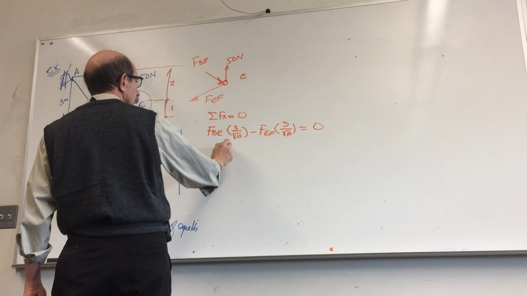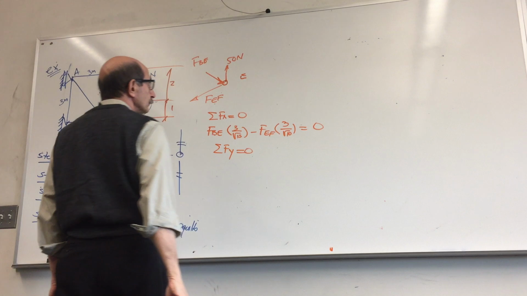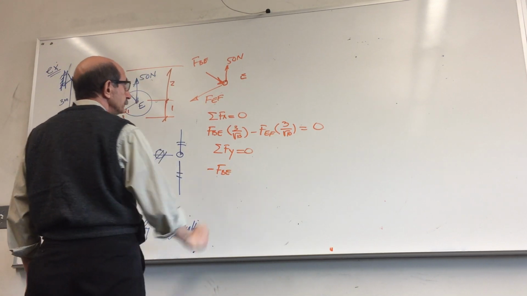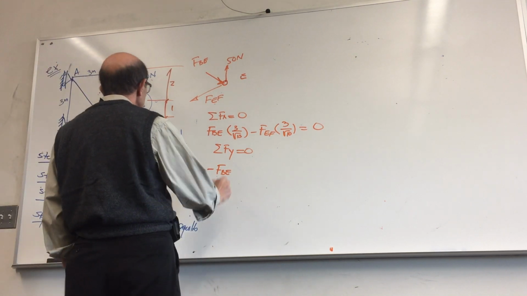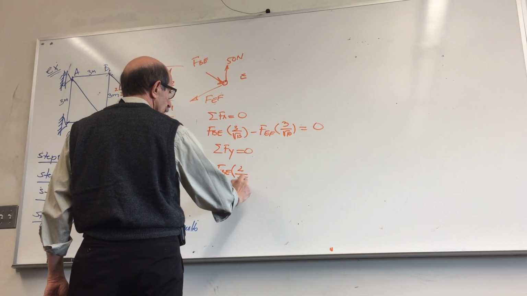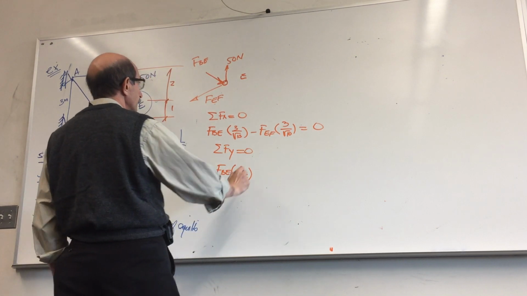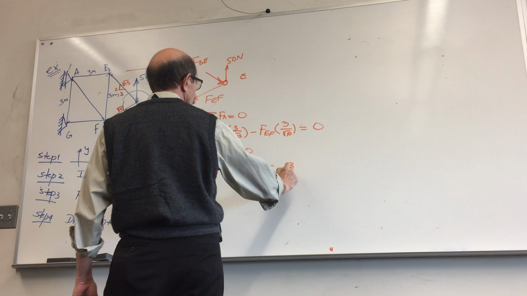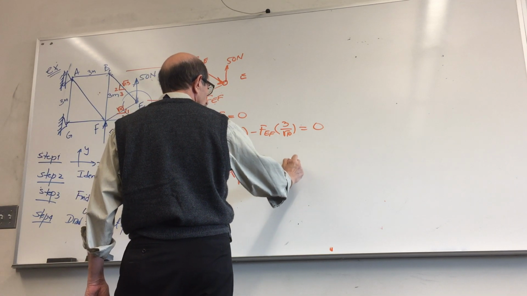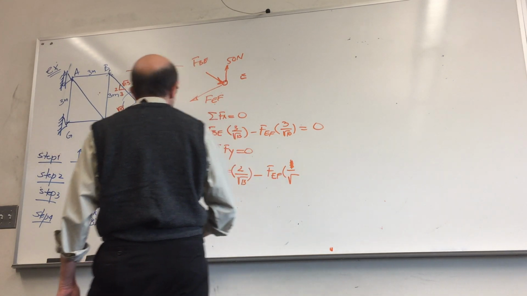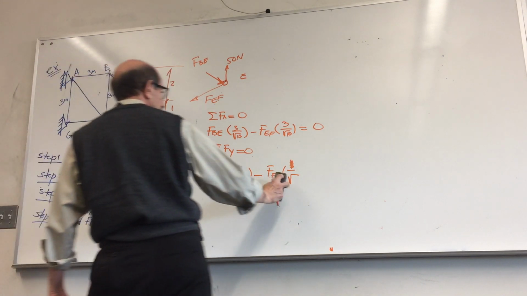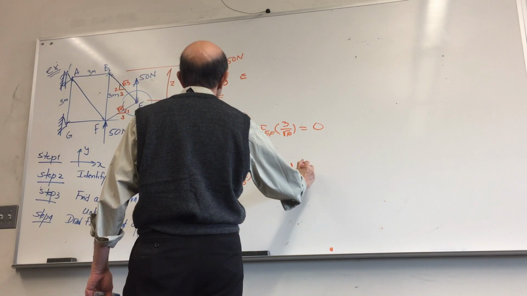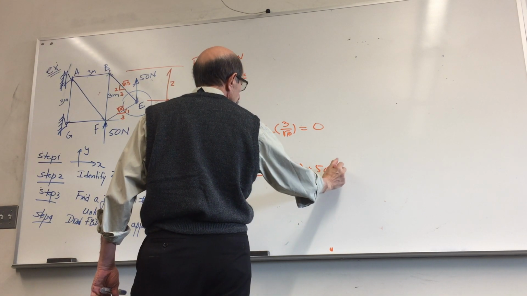Then you write the summation of forces along y equal to 0. You have negative FBE times 2 over square root 13 minus FEF times 1 over square root 10 plus 50 is equal to 0.